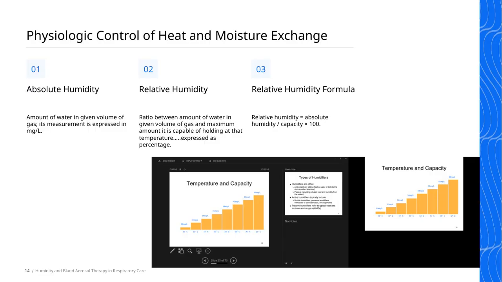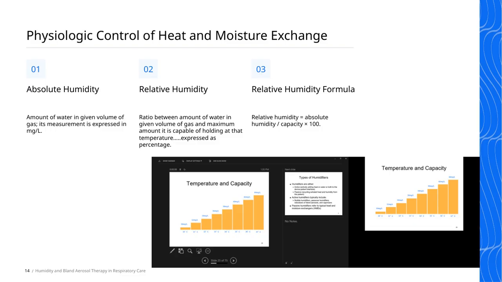Let's take a closer look at the concept of relative humidity. It's calculated by taking the absolute humidity, which is the actual amount of water vapor in the air, dividing it by the air's maximum capacity at that temperature, and then multiplying by 100 to get a percentage. This formula helps us understand how much moisture the air holds relative to what it could hold at that specific temperature.